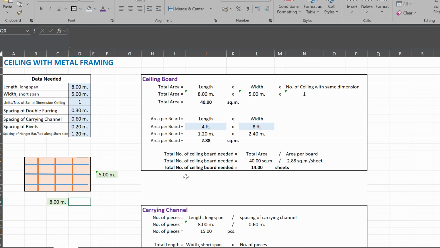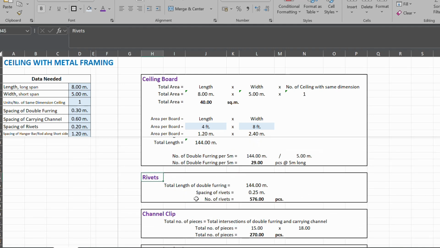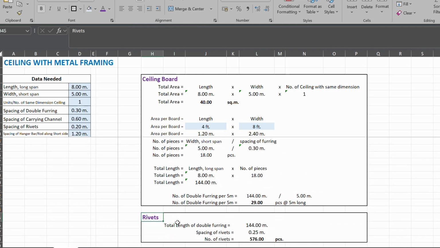Okay, and so, rivets. For the computation of rivets, it is like the nails for our ceiling board.